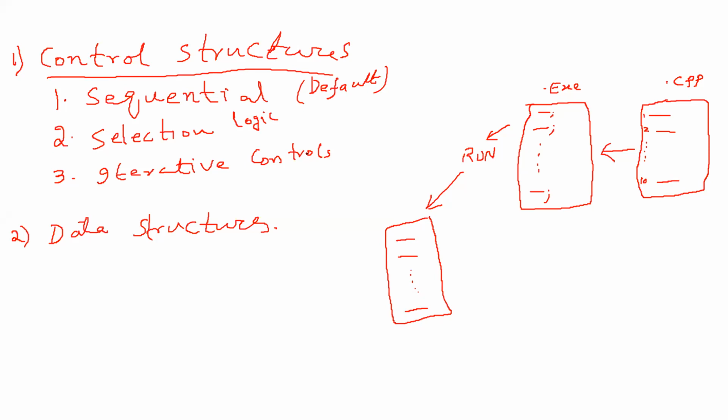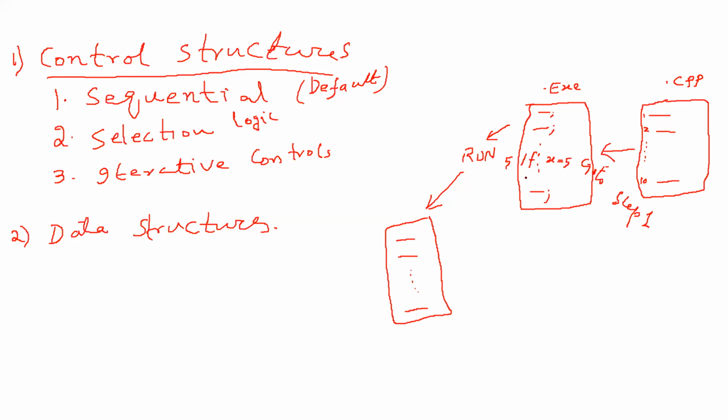But what is selection logic? Selection logic means at a specific point we have to take another decision. Suppose these lines are executed sequentially, but in line number 5 there is an instruction: if x is equal to 5, then go to step number 1.